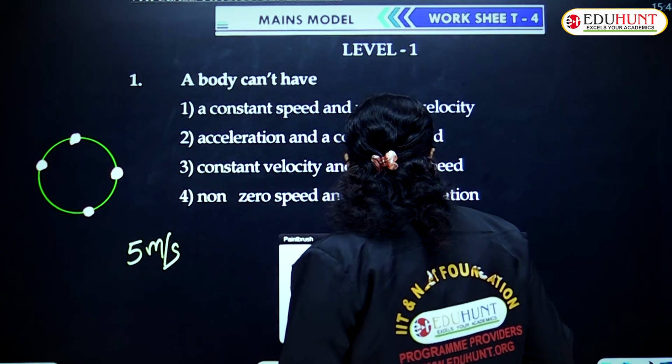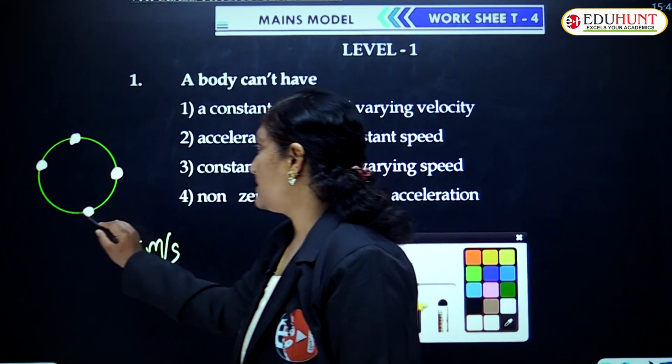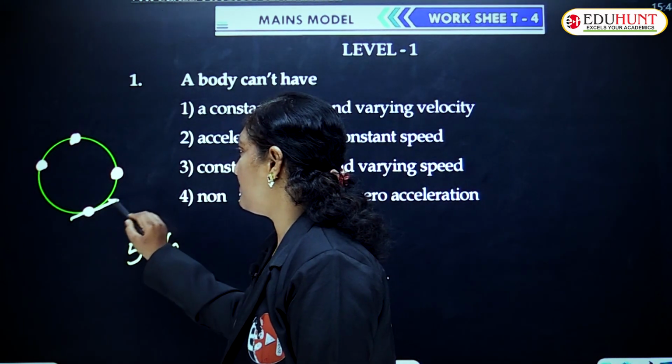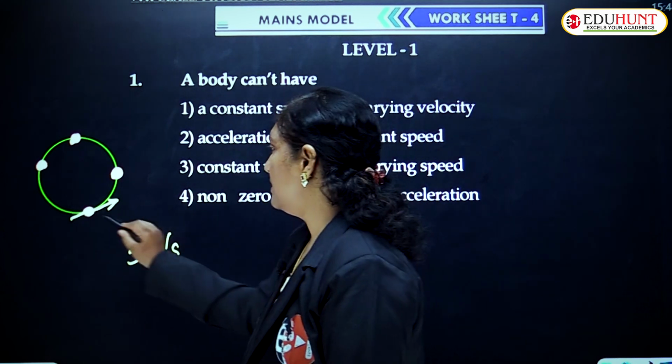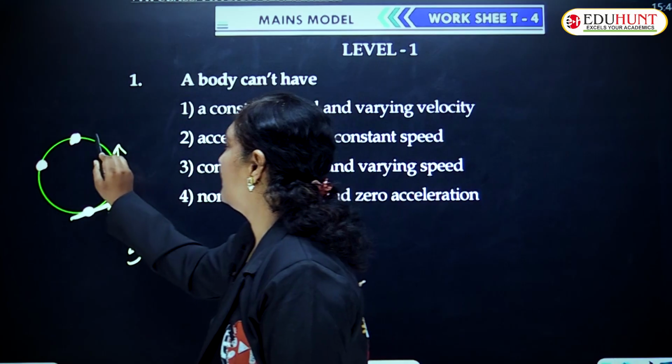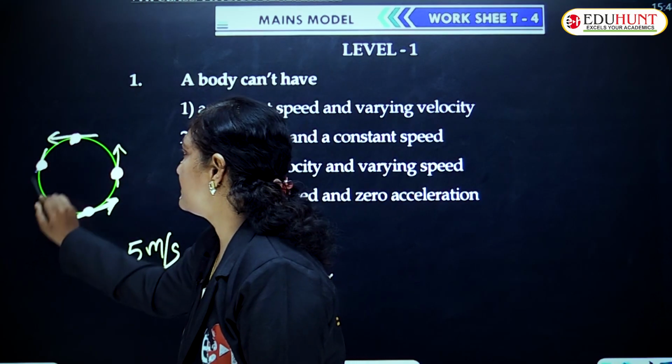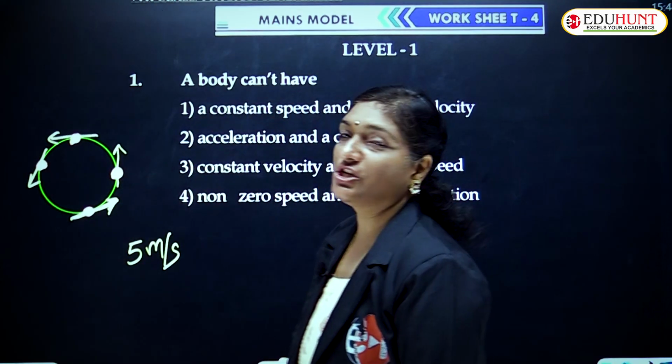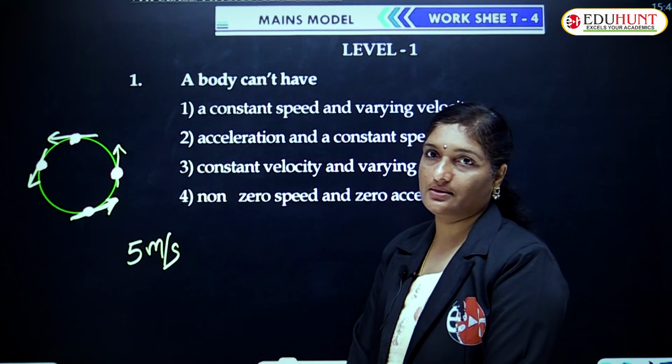But if you consider its direction, the direction is always given by the tangent drawn to the circle. So it is directed in this direction. Tangent drawn here, tangent drawn here. At every position, its direction changes.